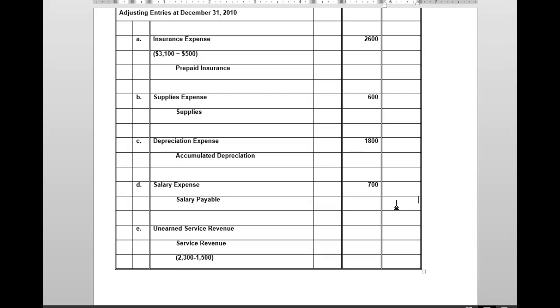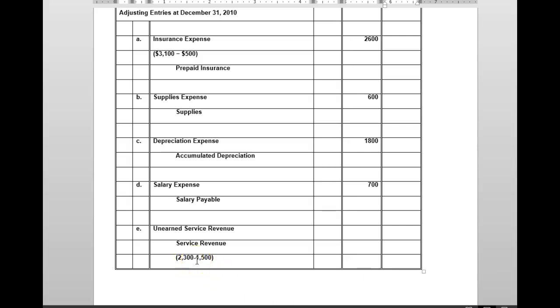And finally, you have unearned service revenue, still unearned, is $1,500. So what are they talking about? Unearned revenue account is actually a liability account, which means somebody is giving you money for revenue, but you haven't performed it yet. So it's kind of the reverse. And there's $1,500 left in that account, it had $2,300.